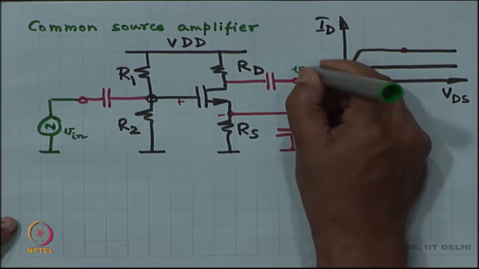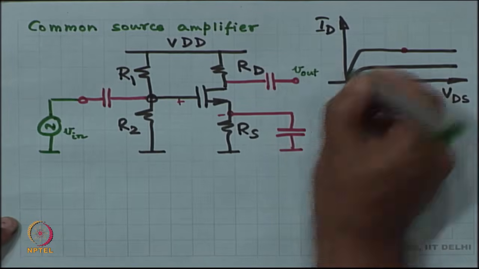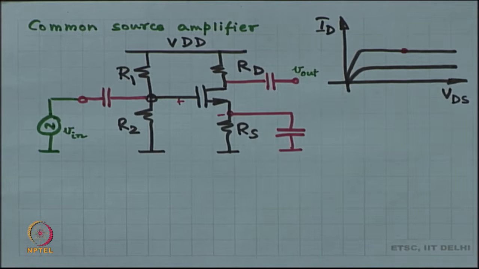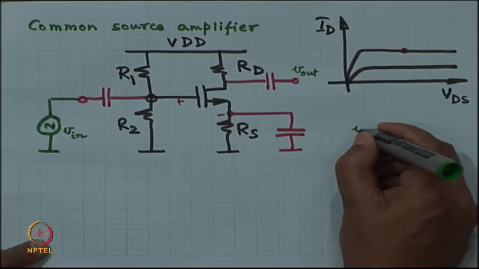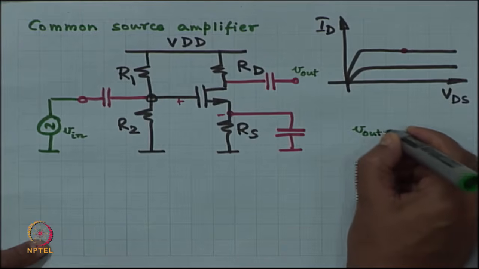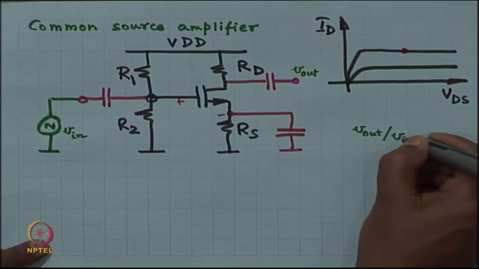So, the input node I will call V in, and the output node is going to be defined as V out. And then of course, the big question is what is V out by V in? This is what is called the voltage gain of the amplifier, V out by V in.